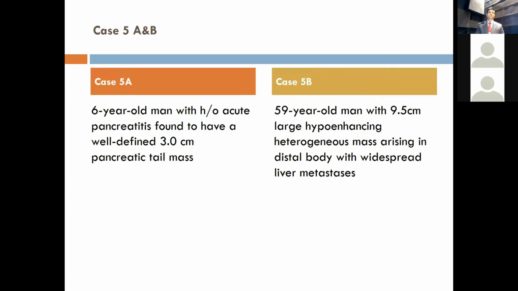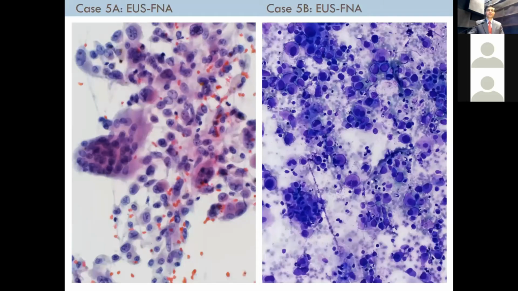So next I'm going to present two cases side by side, not only to demonstrate the morphological spectrum of this entity, but also the outcome. Our first patient had cytological smears that showed the presence of multinucleated osteoclast-like giant cells.